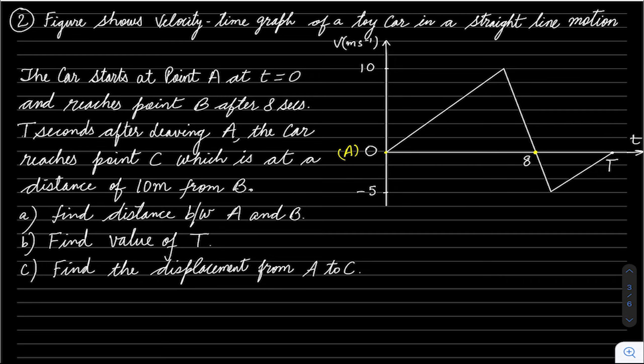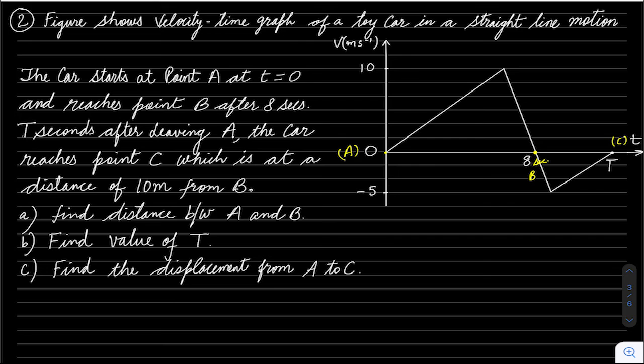Find the distance between A and B. As you can see in the graph, first my velocity is increasing and then my velocity decreases and comes to 0 at 8 seconds, where we already know this is point B, and this is point C.